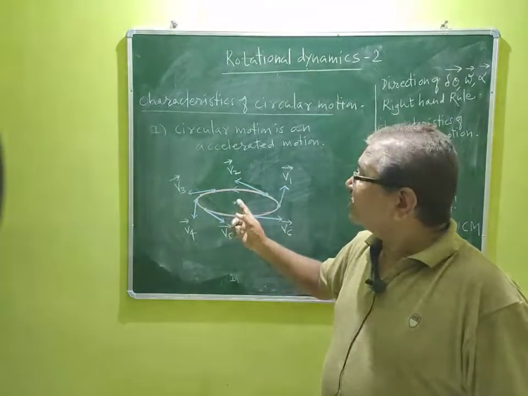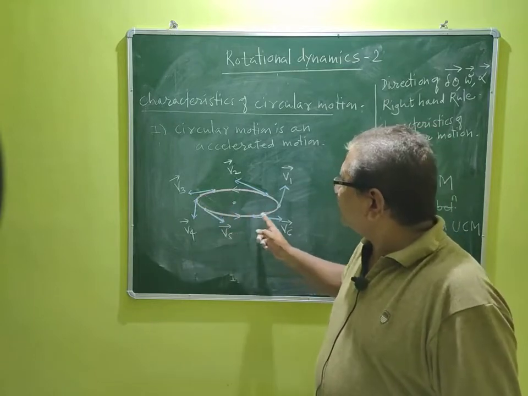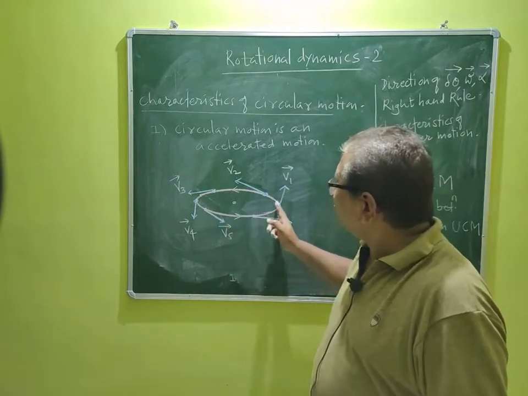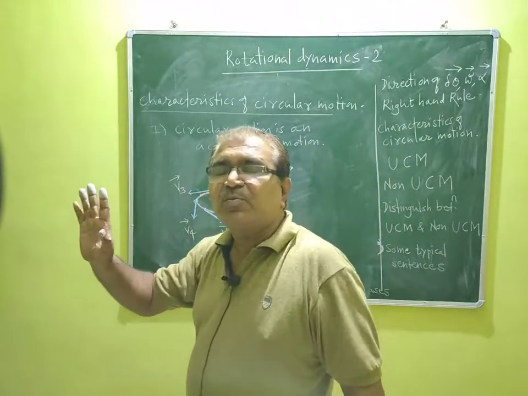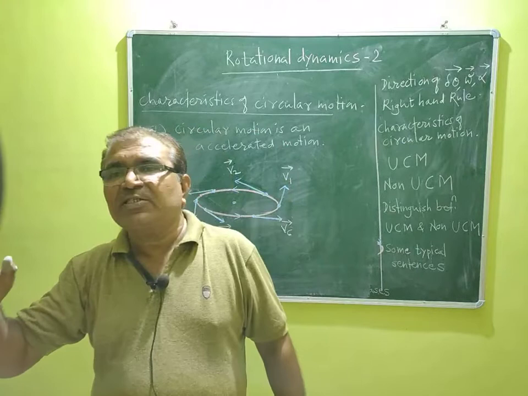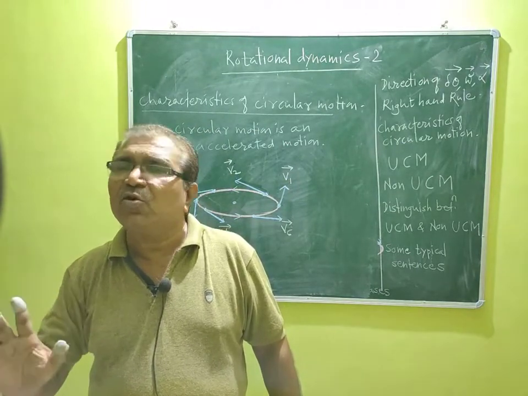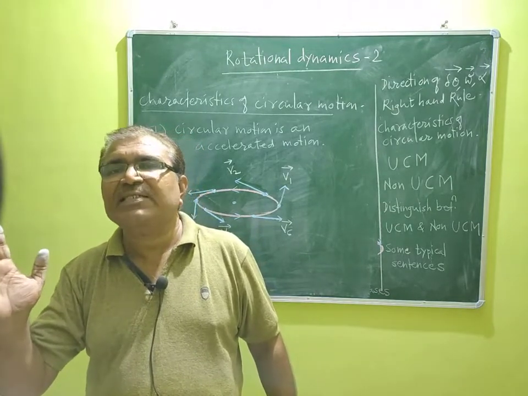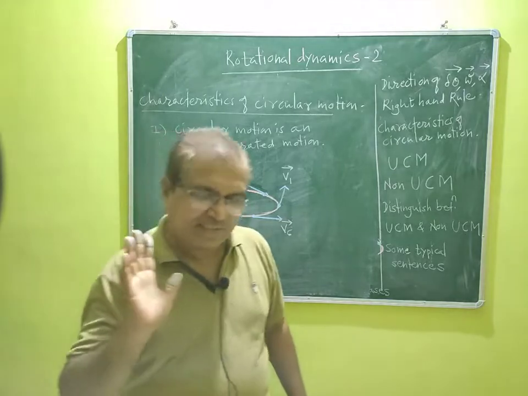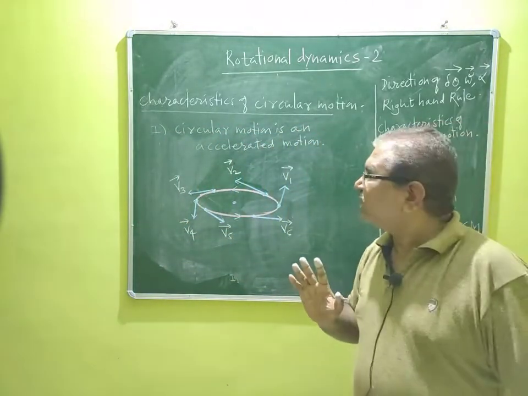So linear velocity always changes at every position during circular motion, because direction of linear velocity changes, so circular motion is called an accelerated motion. That's all. Is this idea clear to you guys?